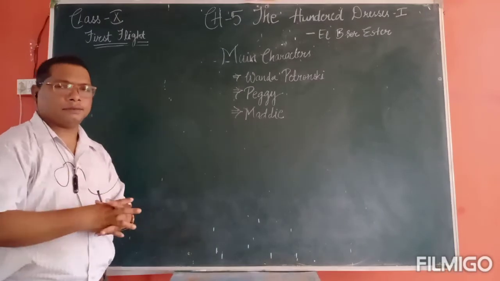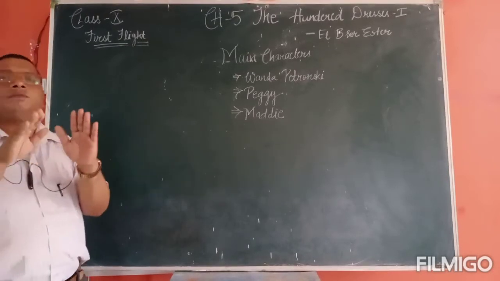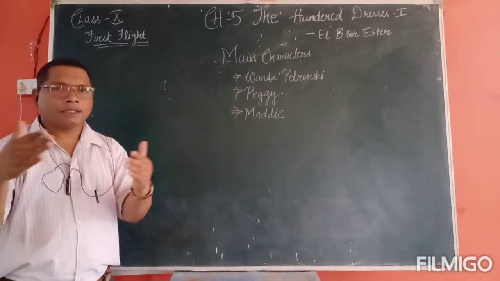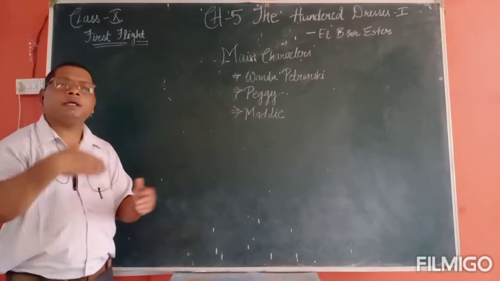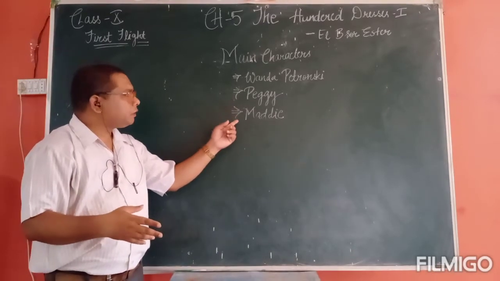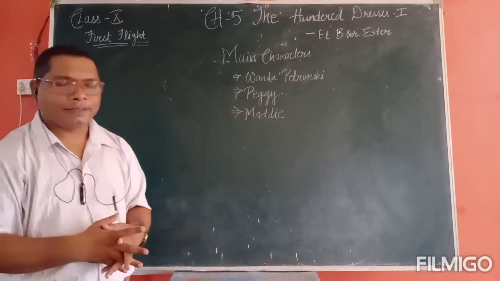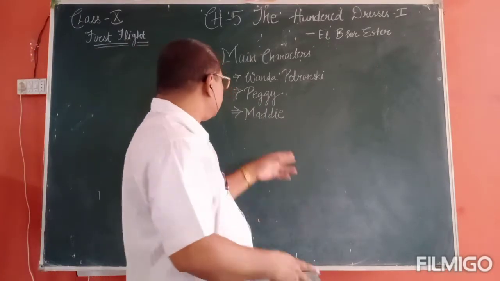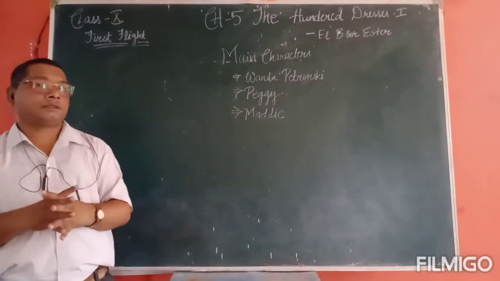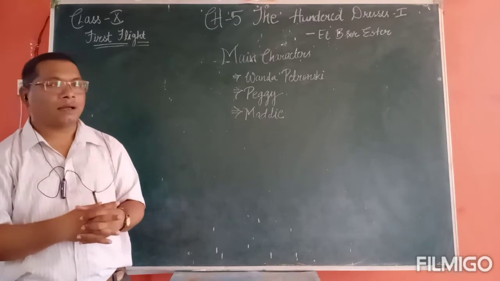They were teasing her when there was free time, playing time, or game time. Mostly Peggy was there, but Maddie little bit avoided it. And not only Peggy and Maddie, but other classmates also teased her.